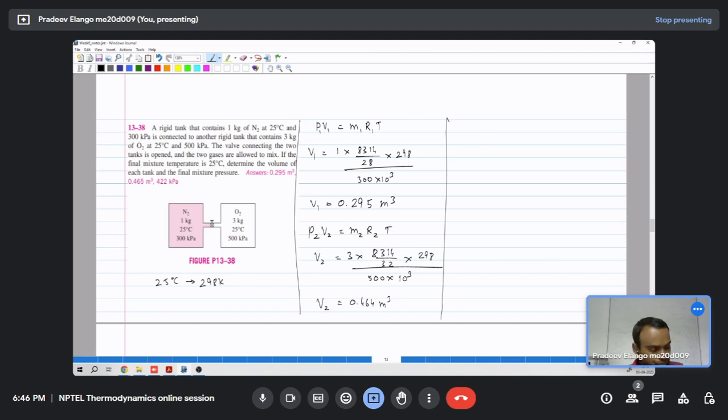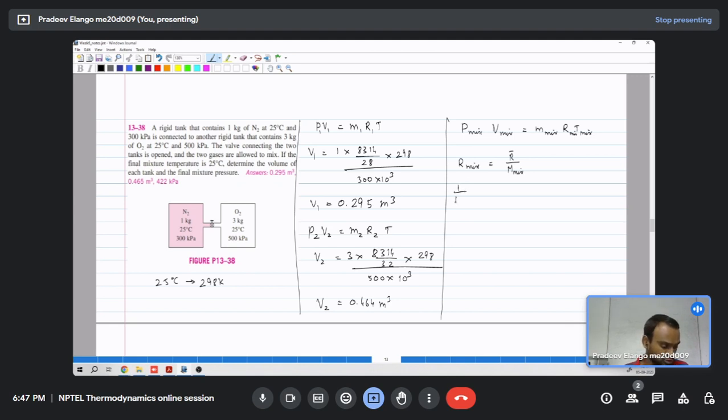So we know P mix V mix equal to M mix R into T mix. We have to calculate the value of R mix. So that is R mix equal to R bar by molecular weight of the mixture.